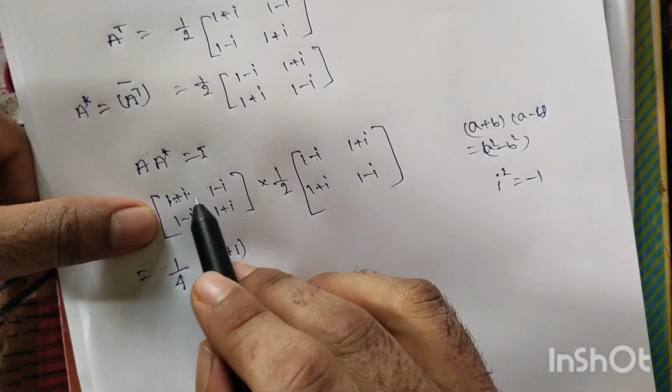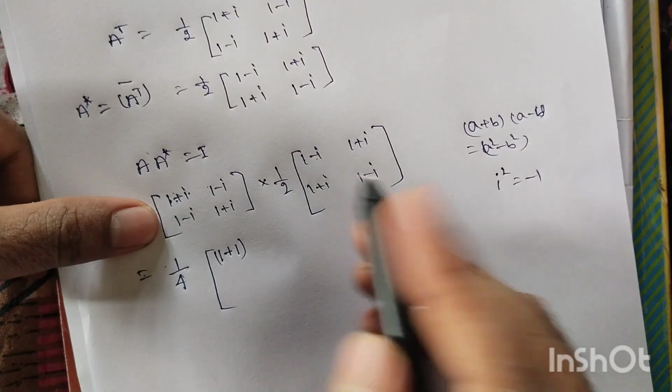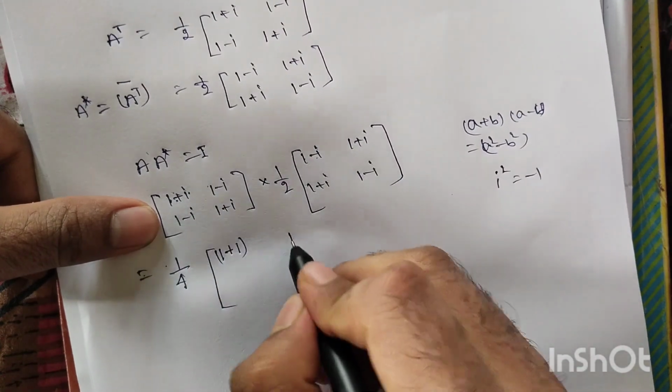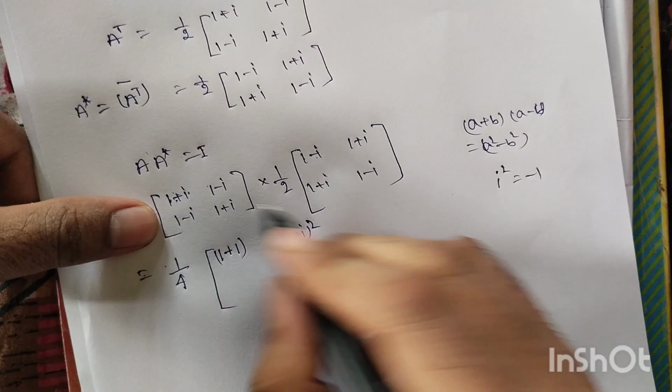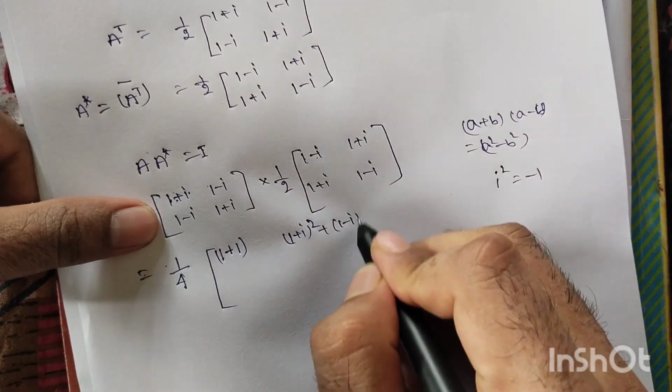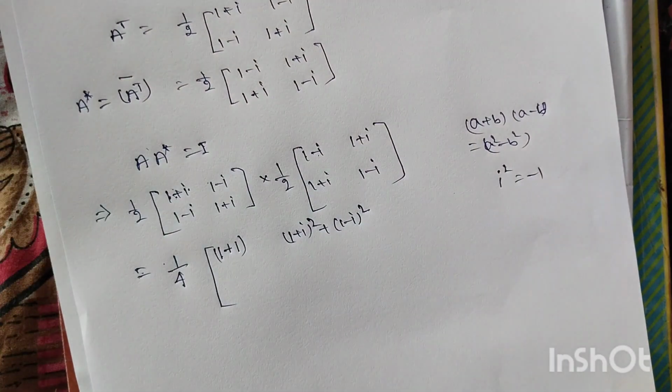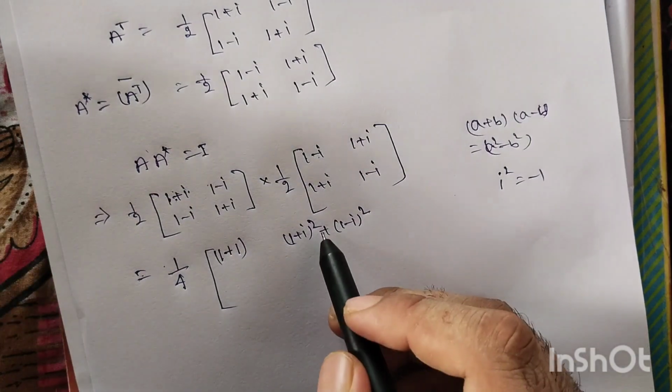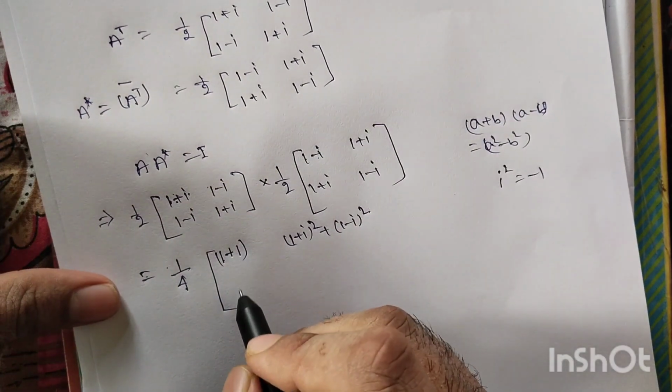Similarly for this one, 1 plus I whole square plus 1 minus I whole square. What is the formula for this?